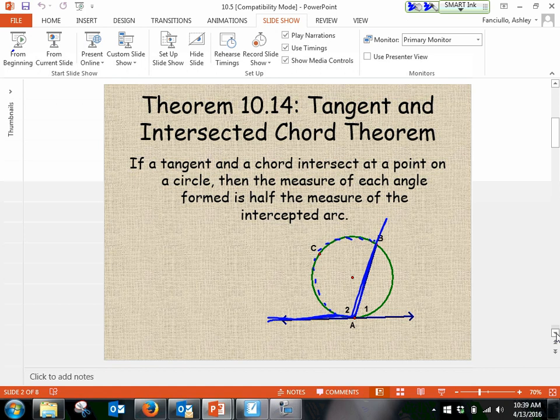So the equation is the measure of angle 2 is equal to 1/2 of the measure of arc ACB. The same thing goes for angle 1: you would find angle 1 by taking 1/2 of the measure of the minor arc AB. Draw that picture and make sure you write down those two equations.